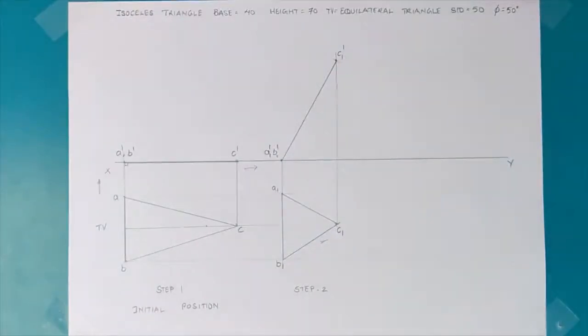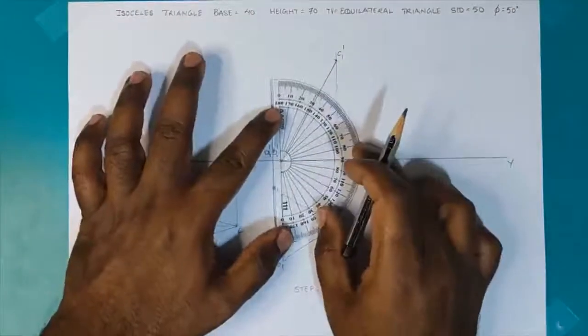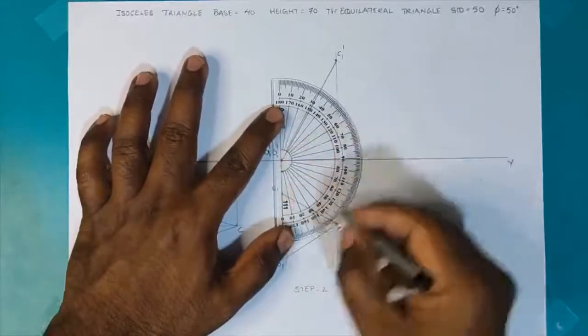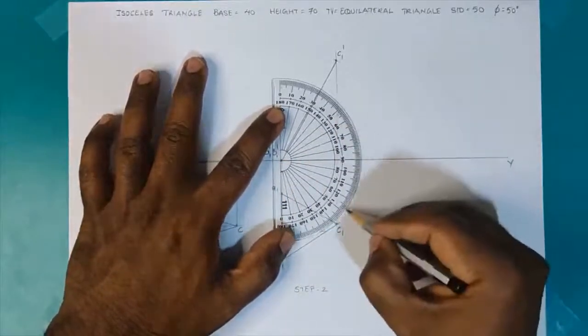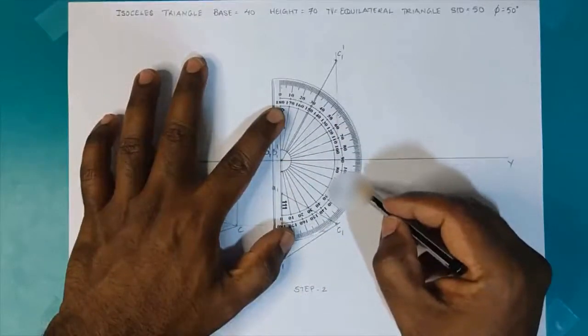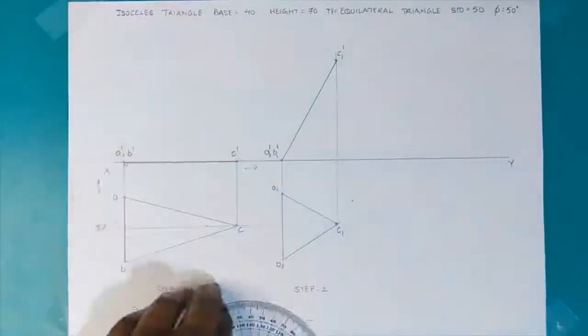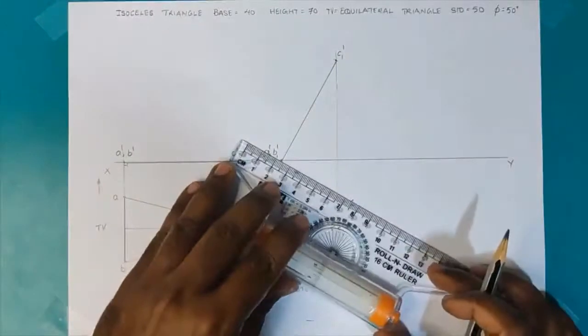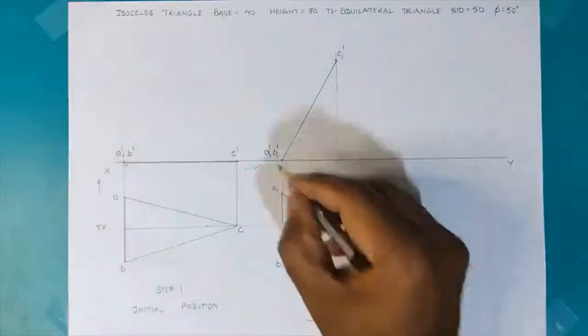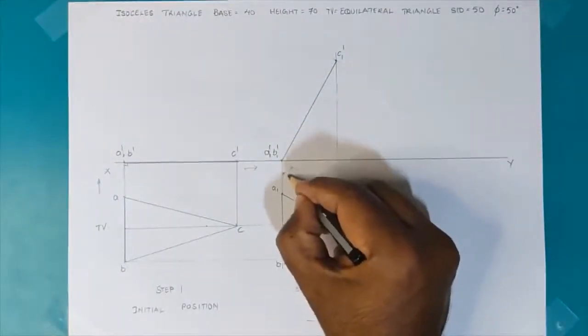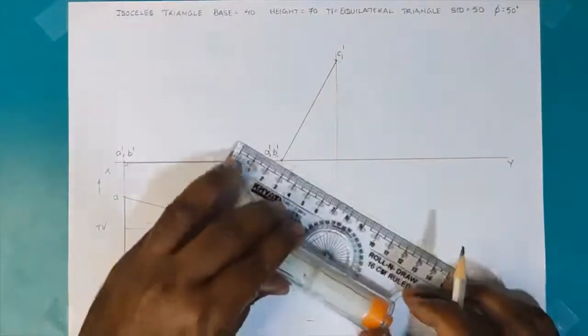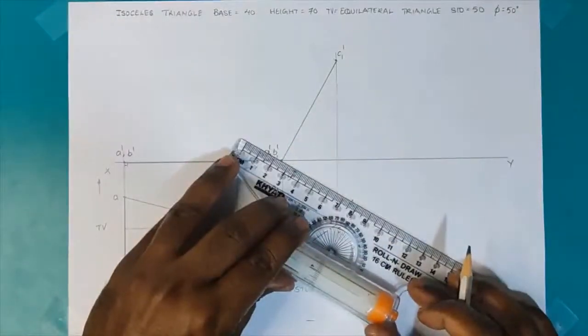To the base A1, B1, I need to draw an angle of 50 degrees. So I am drawing an angle of 50 degrees, and I'll draw a faint line, and remember the auxiliary plane should be at an angle of 50 degrees like this.